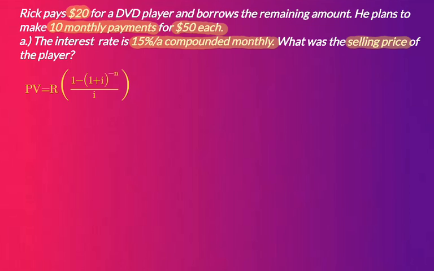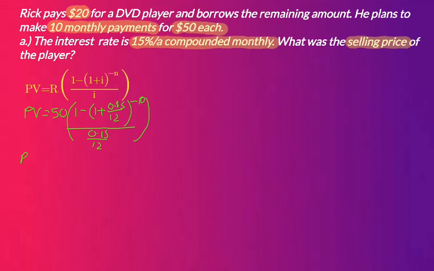So, PV equals $50, which is our R, times 1 minus 1 plus 0.15, that is our compound rate, 0.15 divided by 12 as it is compounded monthly, raised to negative 10 as there are 10 monthly payments, divided by 0.15 divided by 12.